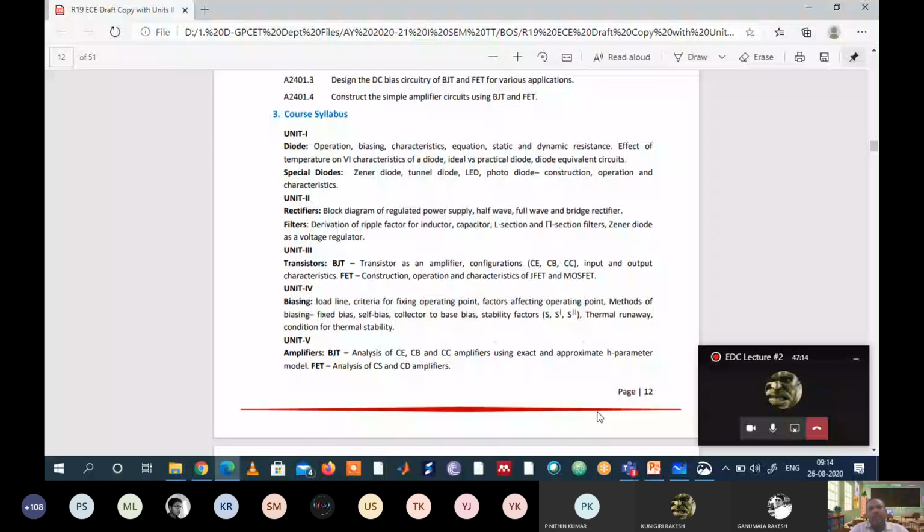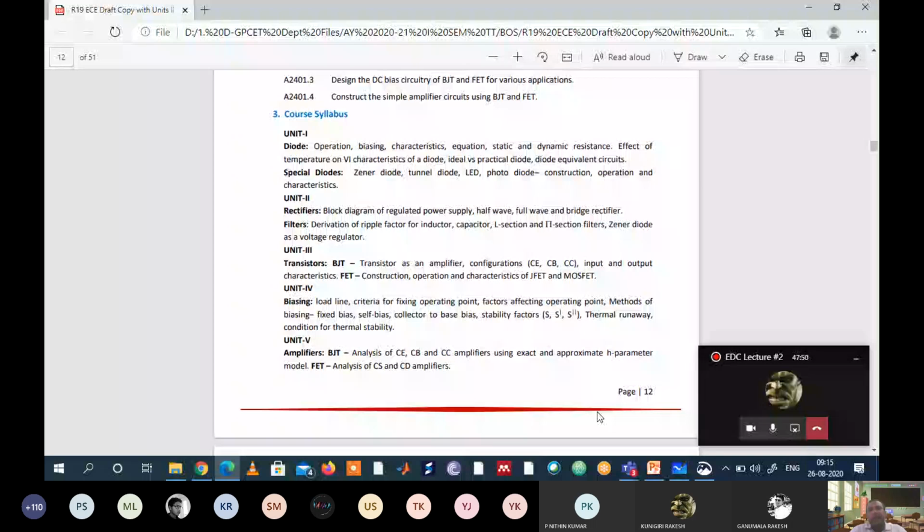You will see these in real-time applications. Every student should be able to do one mini project on these special diodes. There are many diodes, but so that you understand clearly and can do mini projects easily, we have considered only four diodes in this syllabus.